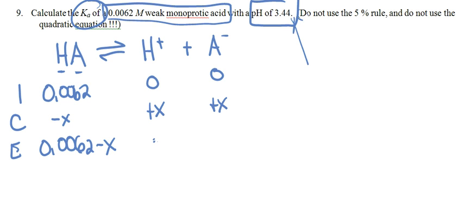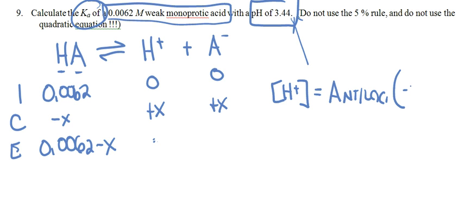So, for me to find the hydrogen concentration, how do I do that? That's right, I take the anti-log of my negative value, negative 3.44. And that gives me what x is. So let's take that anti-log, second log, negative 3.44.